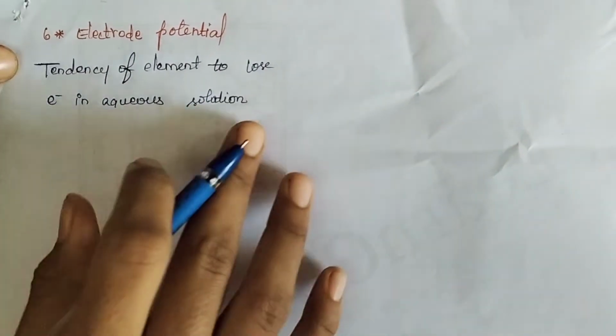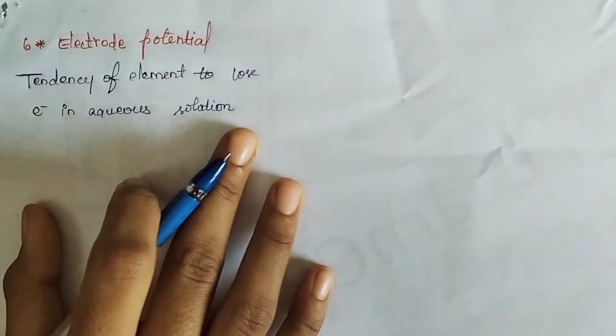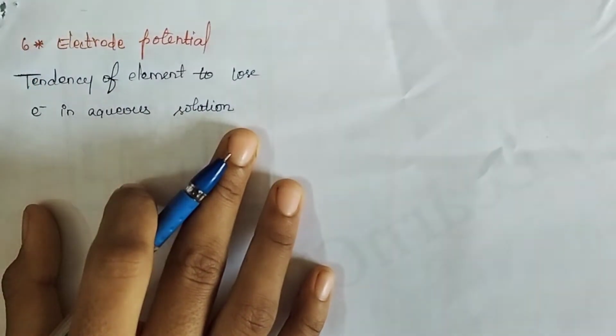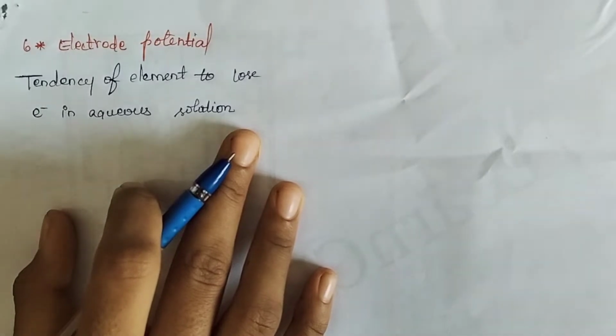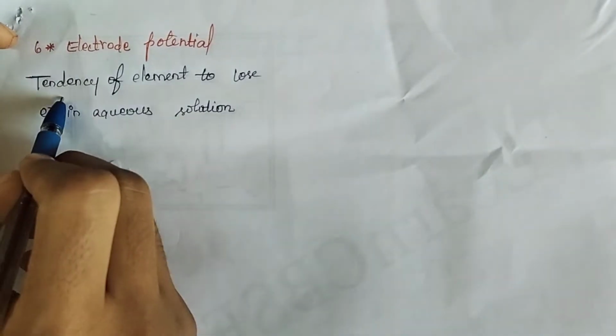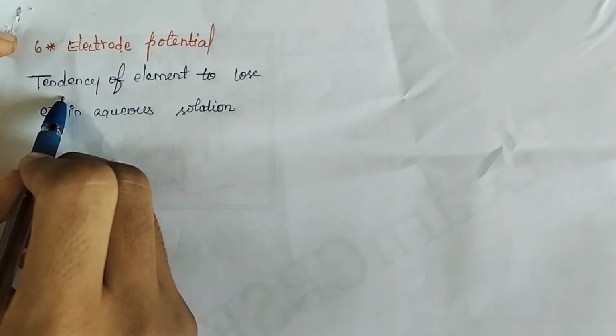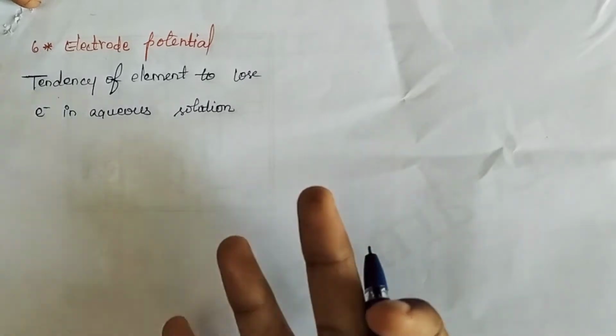How is electrode potential related to the reducing nature? The more negative the electrode potential, the stronger the reducing agent. What is a reducing agent?